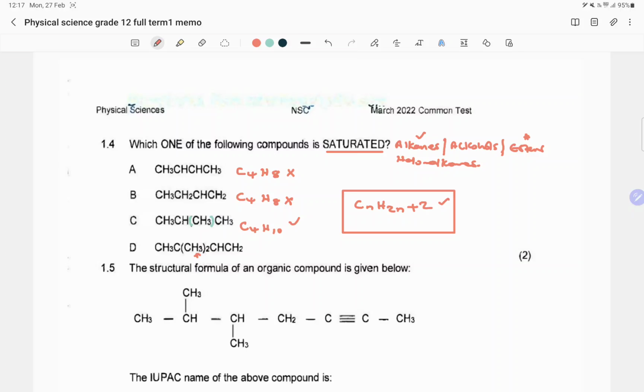But because there's a 3 and there's a 2 outside, it means there's 2 methyl groups in this one. So it's a branched alkene, because you can see the last carbon is CH2 instead of CH3. So it means there's a double bond between the last carbon and the second last, which you can regard as the first because you prioritize the functional group. So this is already an alkene by just looking at the structure.